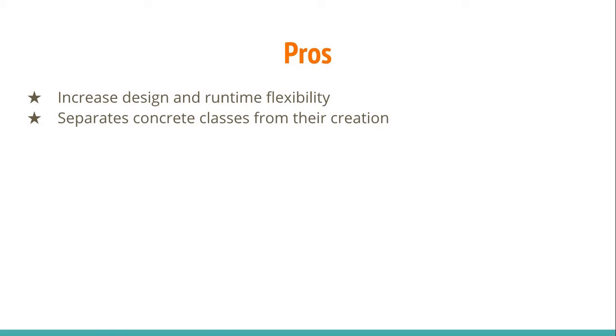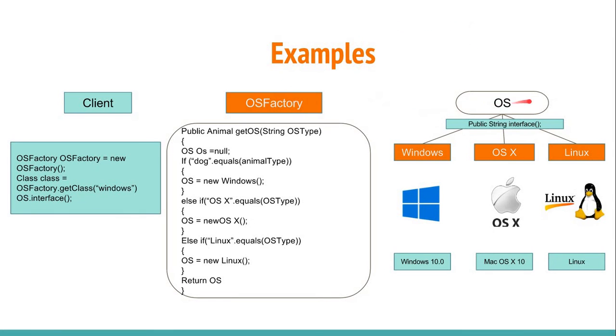So now let's take a look at an example. So here we have an operating system superclass, and it has a public string method, and the operating system is extended by three classes, namely the Windows, the OS, and the Linux.